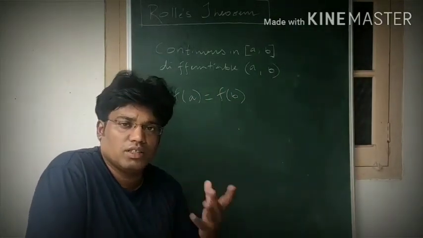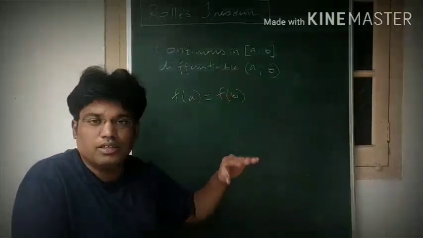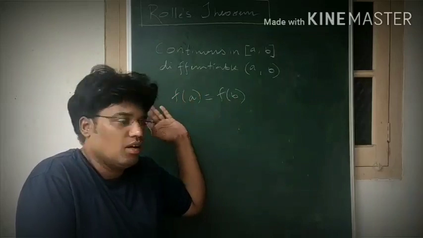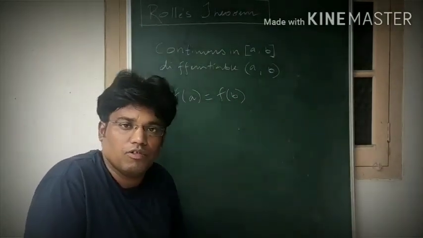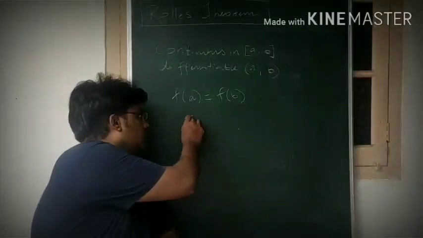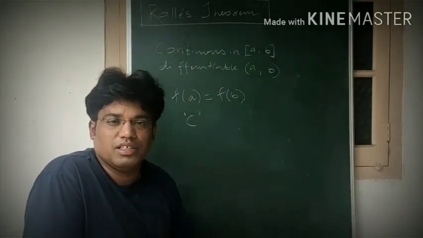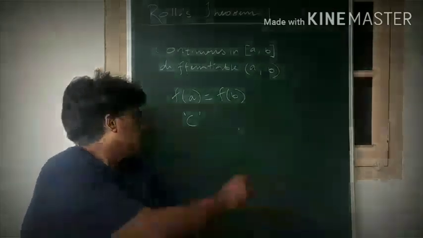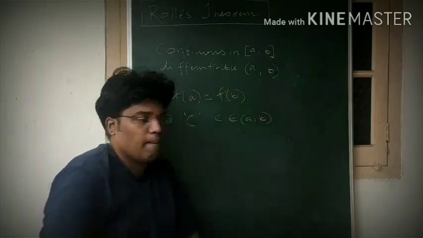If a function satisfies these, that is, it is continuous, differentiable, and the condition f of a is equal to f of b holds, then there exists some point C. C is nothing but some real number. That C belongs to the open a comma b.